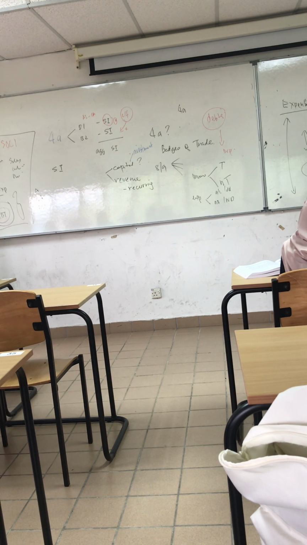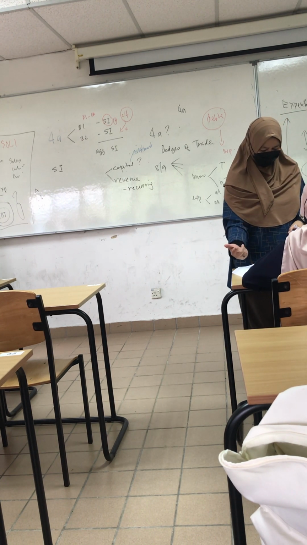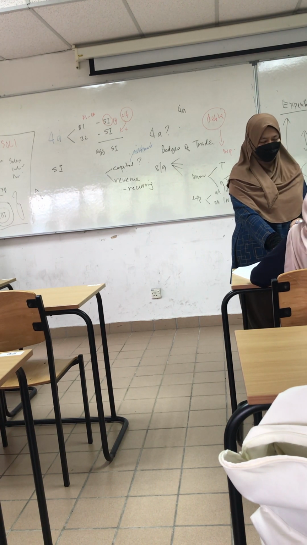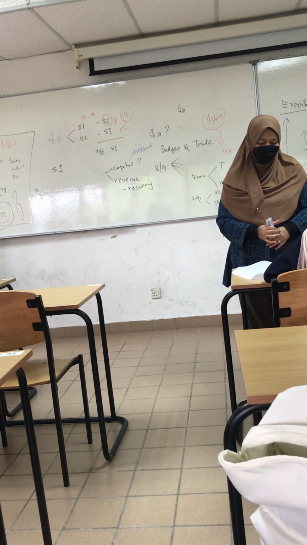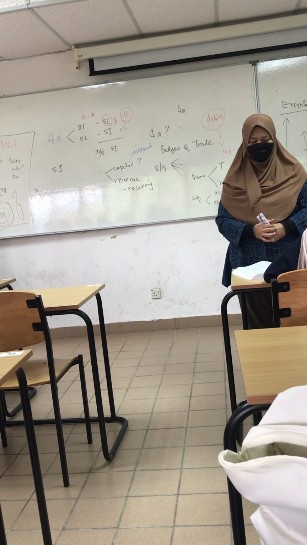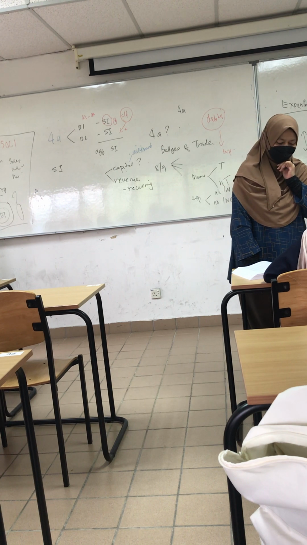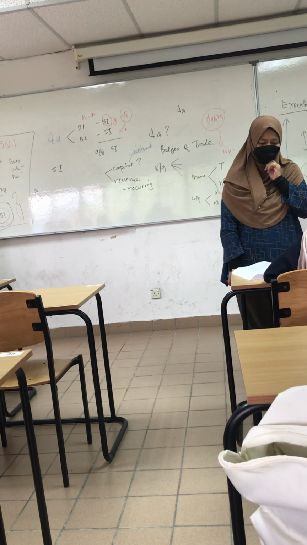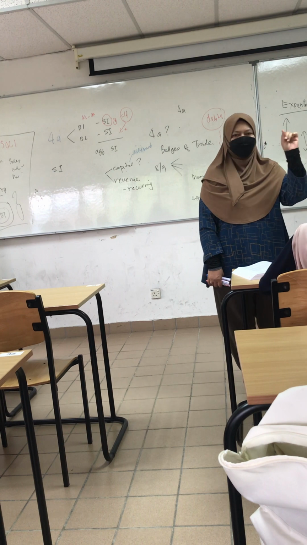Section 33. What is under section 33? In your textbook, okay. Section 33(1) of the Act: subject to this Act, the adjusted income of a person from a source for the basis period for a year of assessment shall be an amount ascertained by deducting from the gross income of that person from that source for that period.